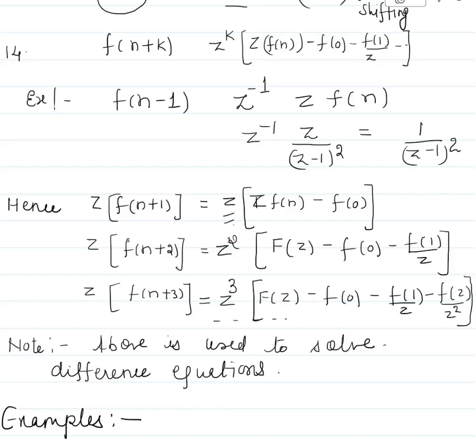This was the z transform of the function n plus 2. This was the z transform of the function n plus 1. What are these? These are the initial values, f of 0, f of 1, f of 2. These are the values of the function. How we will find these values, we will see in the next chapter, the initial value function.